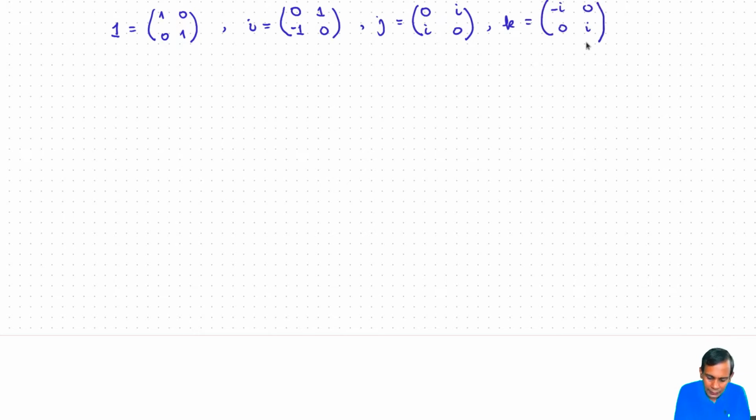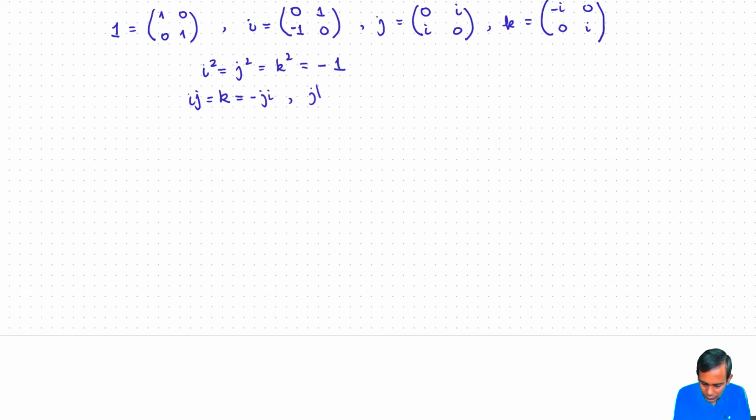And we've seen that these matrices satisfy the relations i squared equals j squared equals k squared equals the negative of the identity matrix, and that ij is equal to k, but if you do ji, then it's minus k.